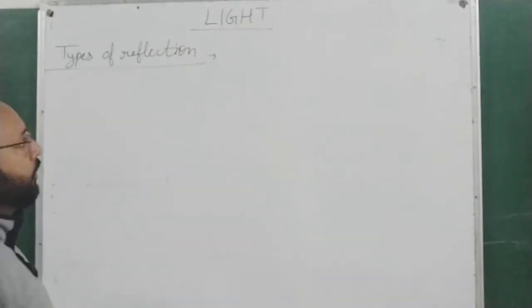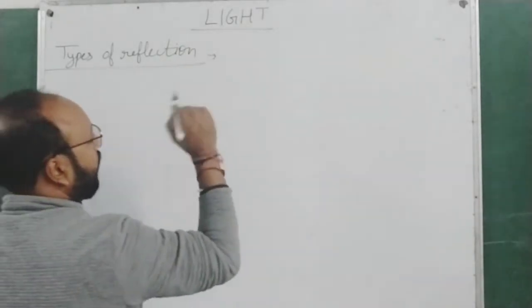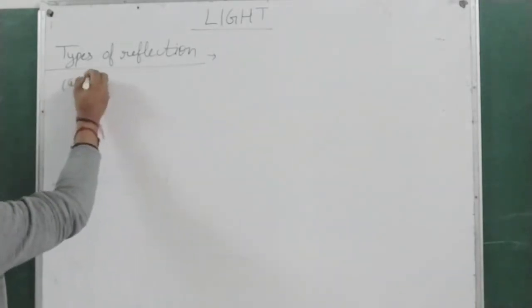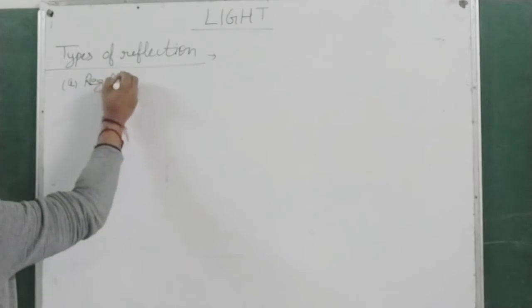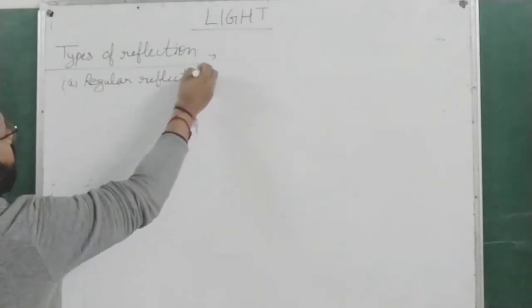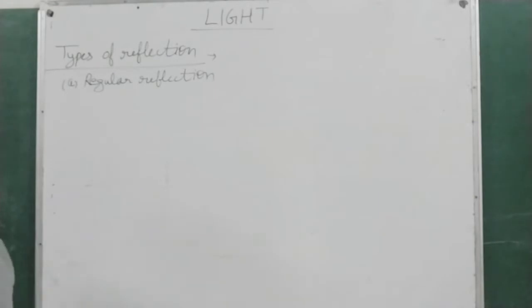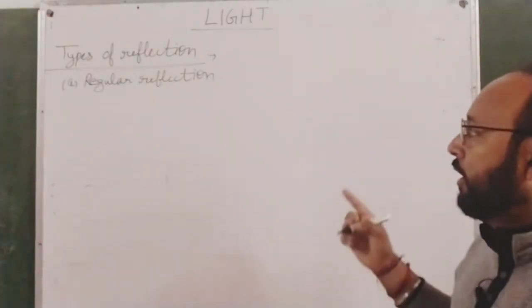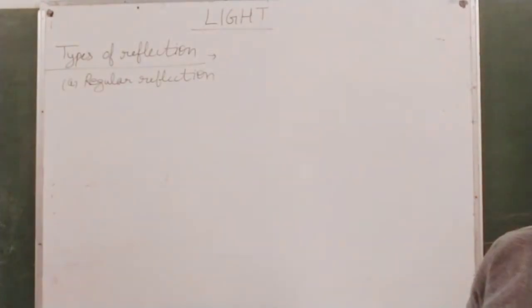Under types of reflection, we can mention that there are two types of reflection. One is regular reflection. Regular reflection, the same example as I was taking, when we stand in front of a mirror, then we are able to see our face.